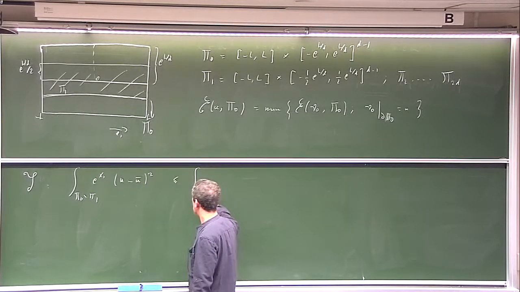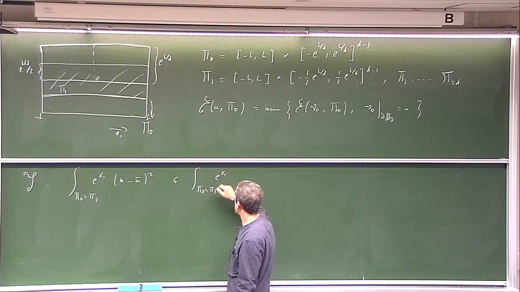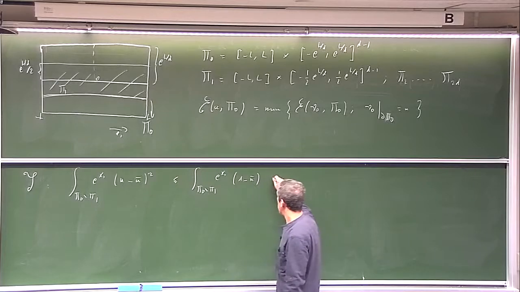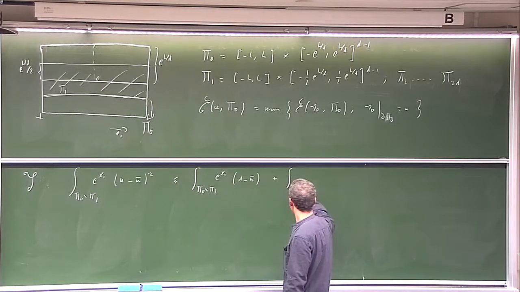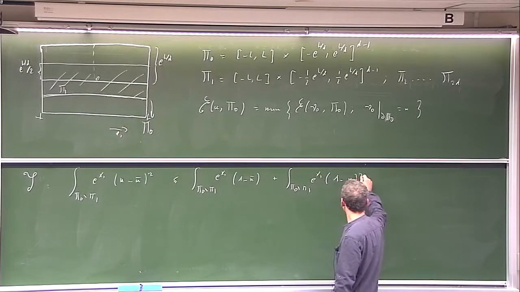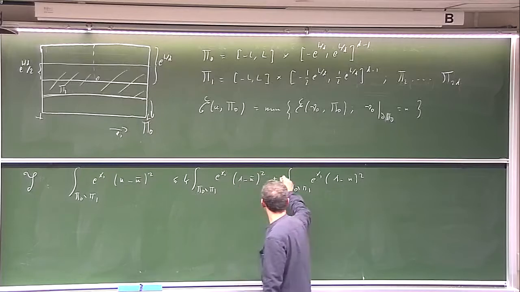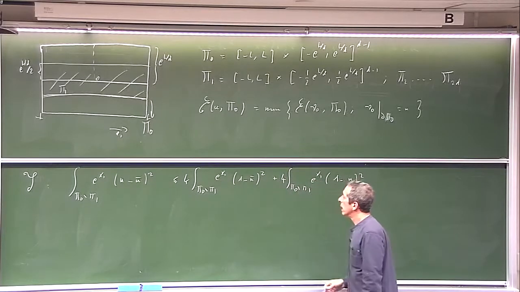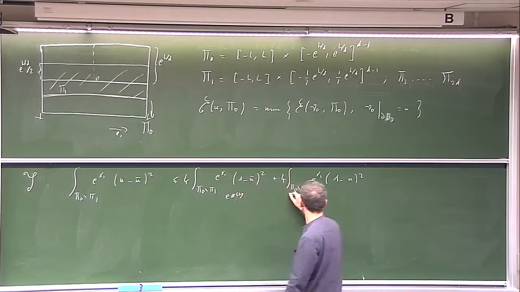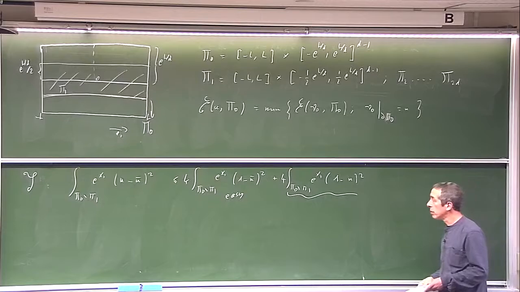So let's write this as being smaller than the exponential of x1 times 1 minus u bar plus the integral over pi 0 minus pi 1 exponential x1 times 1 minus u squared. So probably there is a 4 over there. Okay, so that one is easy. And we have to give some kind of a priori estimate on that one.